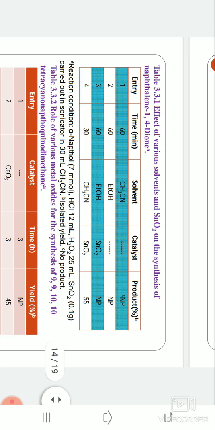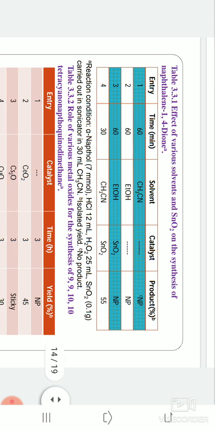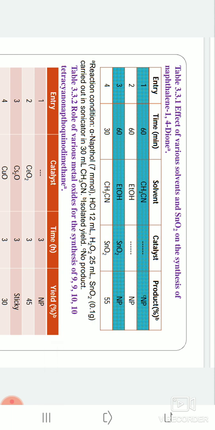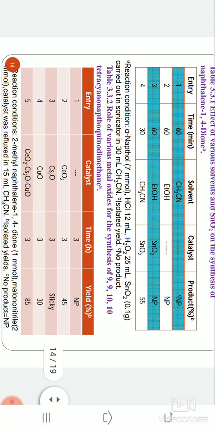We study the effect of various solvents and SnO2 on the synthesis of naphthalene 1,4-dione. In the first step, we study the effect of solvents and observe that within 30 minutes we get 55% yield by using SnO2.